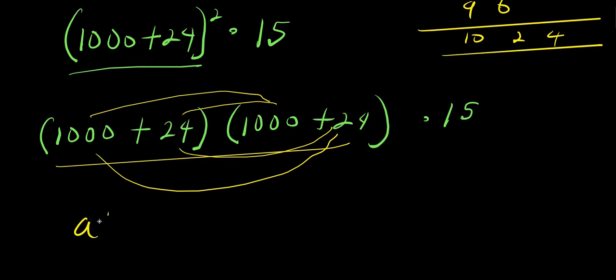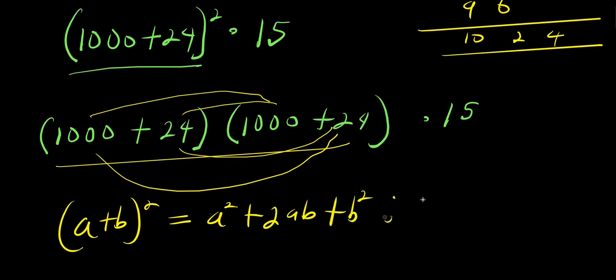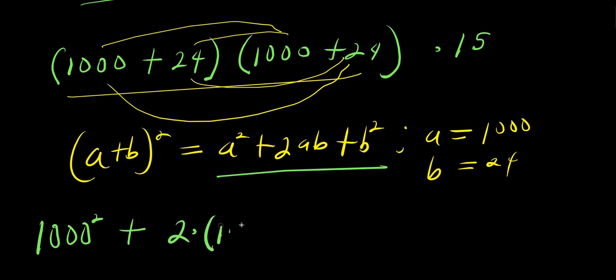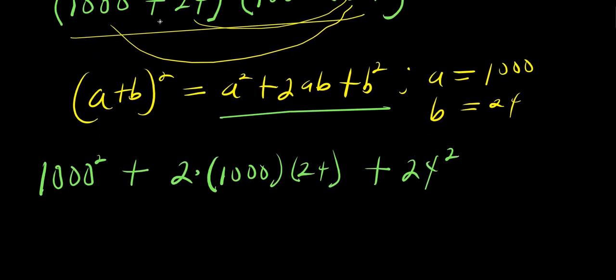Or if you have a plus b raised to the power of 2 equals a squared plus 2ab plus b power 2, in which a is 1000, b is 24. You can use any of the methods. You can multiply out. So let's make use of this. This will be 1000 power 2, that is 1000 times 1000, plus 2 times 1000 times 24 plus 24 power 2. The whole of this will multiply 15. Don't forget that.